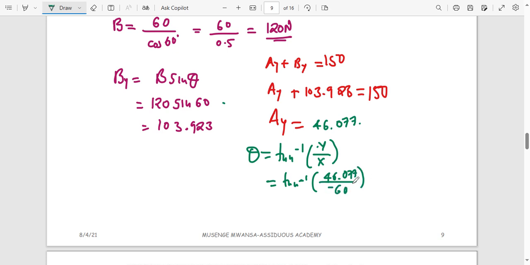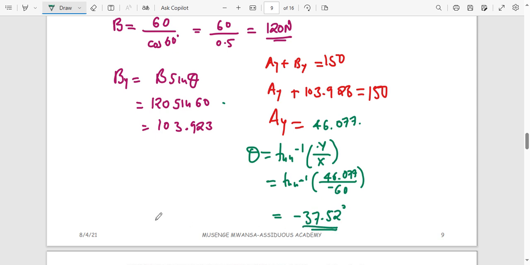So simply divide 46 by negative 60, then find the tan inverse of that answer. This is giving me negative 37.52 degrees.